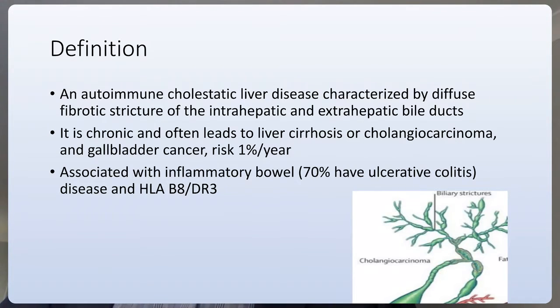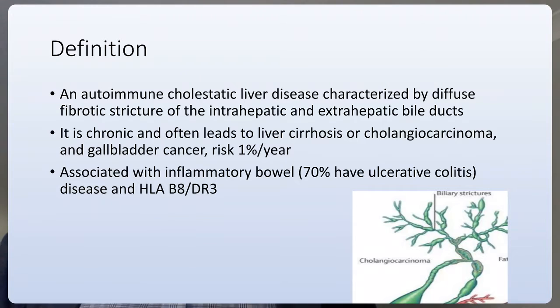As you see in the photo here, we have got multiple narrowings in the main bile duct and also multiple narrowings in the secondary radicals of the biliary tree on either side of the liver. So the biliary tree tends to have a beaded appearance, as usually described by the radiologist, where there will be a stricture, a dilated area, and then followed by a stricture, and so on.